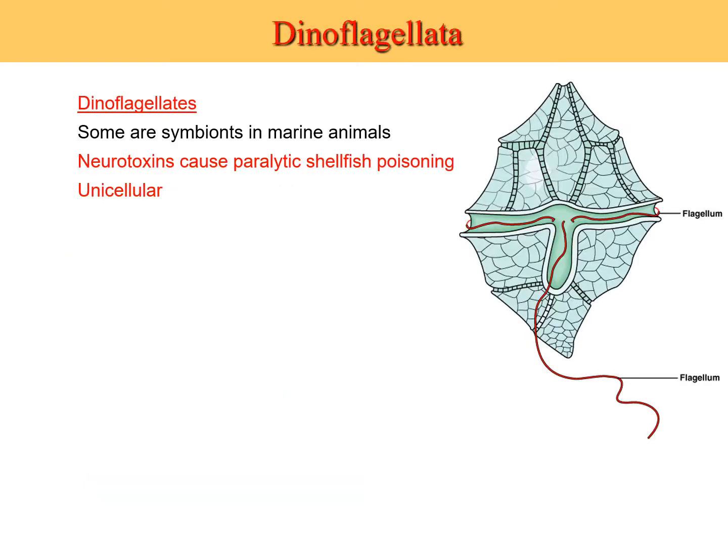Another example are dinoflagellates, again a unicellular algal organism. It has a neurotoxin which can cause paralytic shellfish poisoning, not paralyzing the shellfish or poisoning the shellfish, but the shellfish filter it out of the water as a food source, and when humans eat the shellfish, they get poisoned because it concentrates in those shellfish.